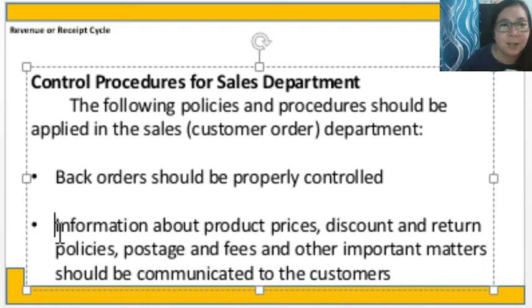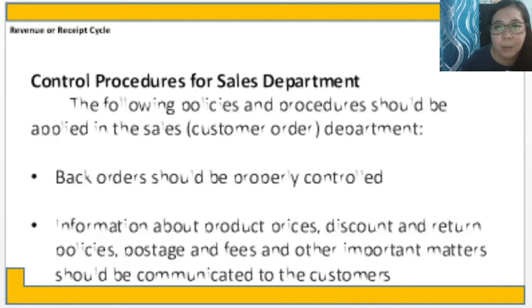Another is information about product prices, discount and return policies, postage and fees, and other important matters should also be communicated to the customers, if that is added to their bill, or who will shoulder such additional fees, as well as the product price, so that they will know how much they should pay to the entity.